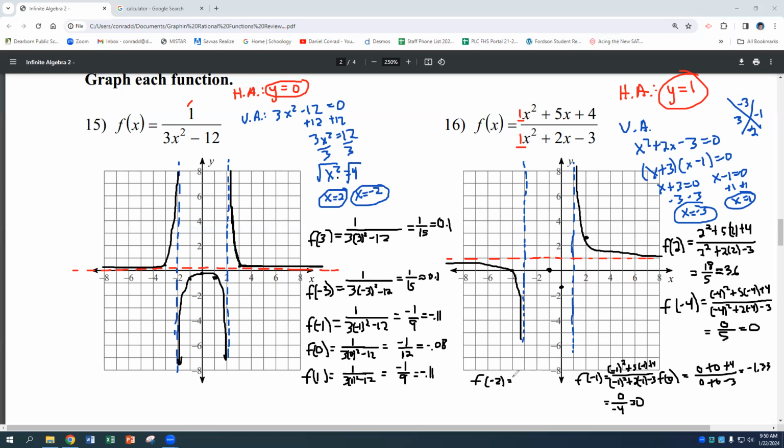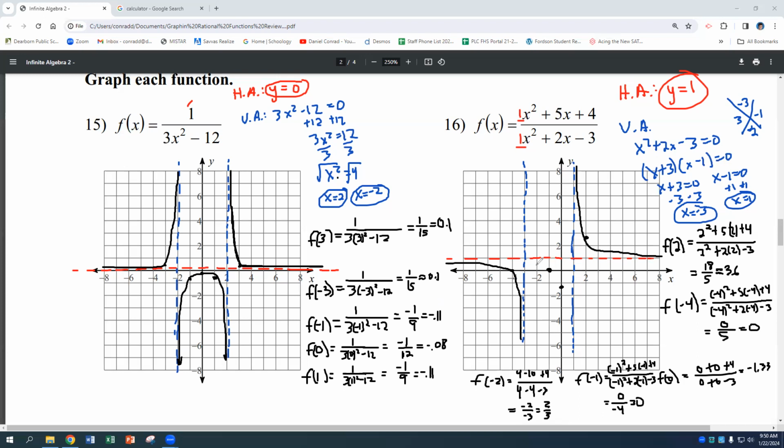Let's see. So -2 squared is 4. 5 times -2 is -10 plus 4. Okay, -2 squared is 4, 2 times -2 is -4, minus 3. That means we're going to have -2 over -3, which is going to be 2 over 3.